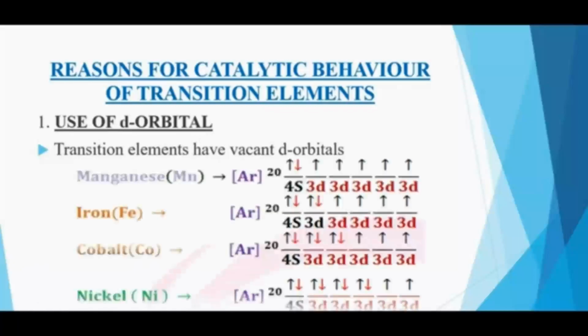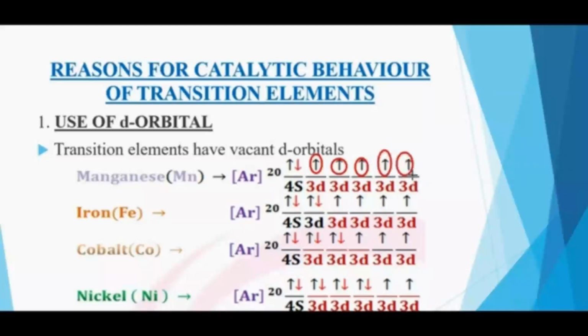If we look at the electronic configuration of transition elements, let's say manganese, in the valence shell they have paired electrons in the 4s orbital. These 4s orbitals have 2 electrons in each of them. But if we look at the d orbitals, they have just one unpaired electron.